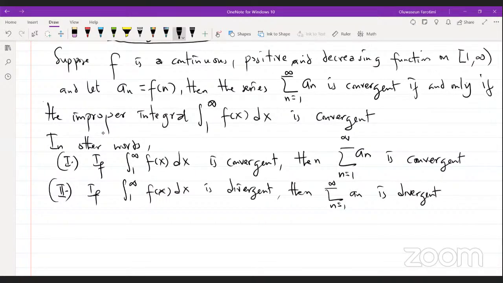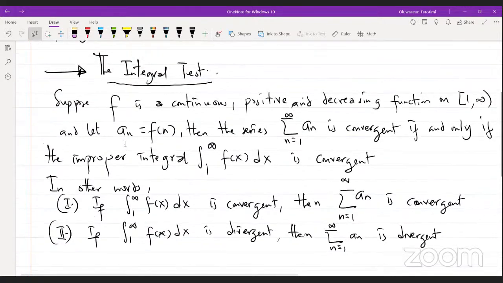As far as the integral test is concerned, there are some key things we need to pay attention to. These are the hypotheses. The first is that the function has to be continuous.